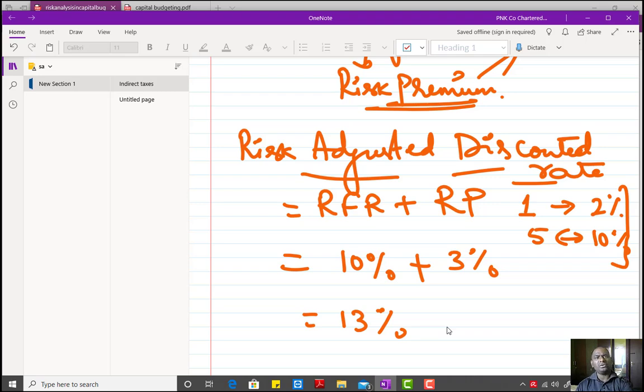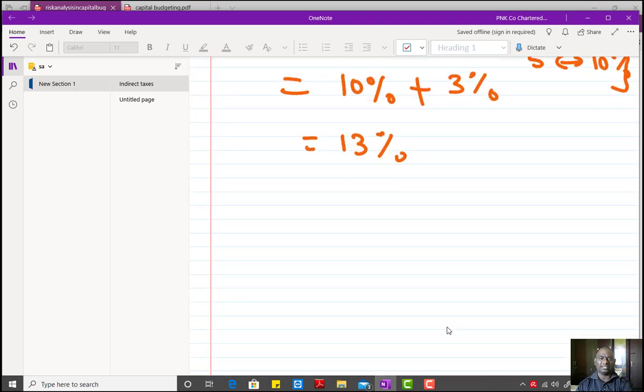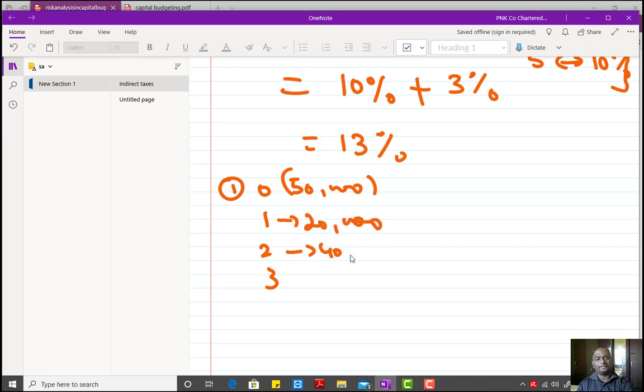As I told you yesterday, if the cash flow is given, let us say a 50,000 outflow in year 0, and then 20,000, 40,000 and 30,000 as the cash inflows in years 1, 2 and 3. What do you need to apply?